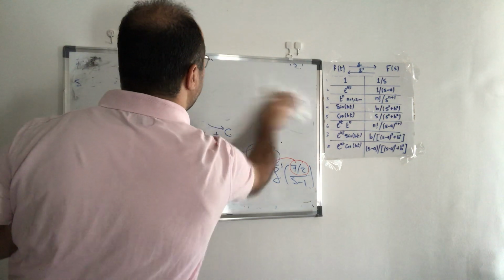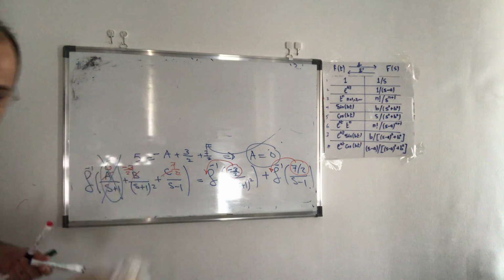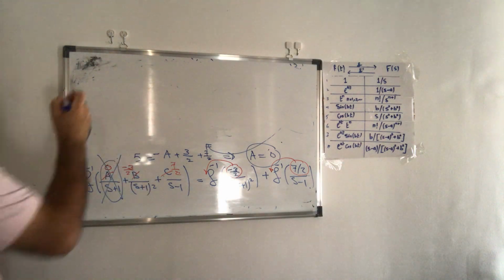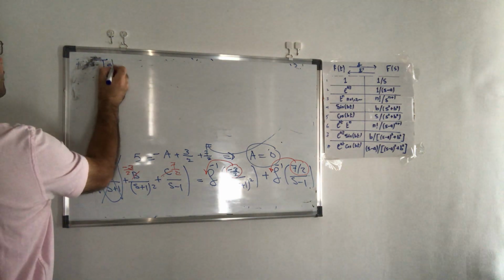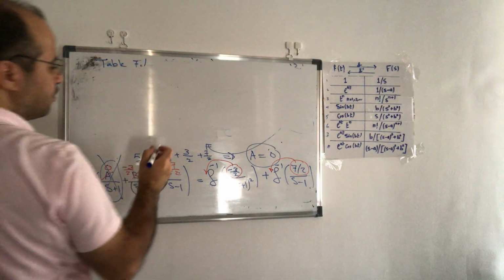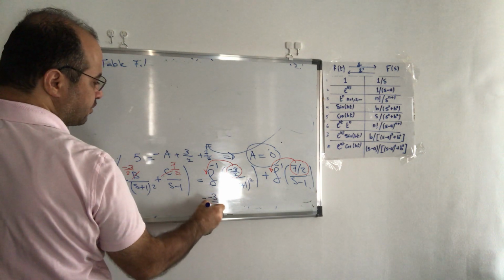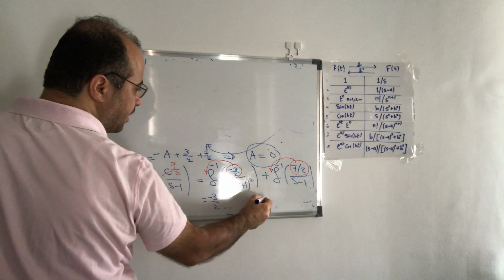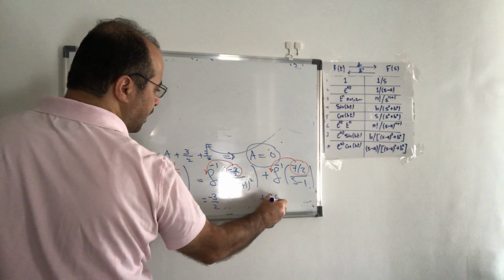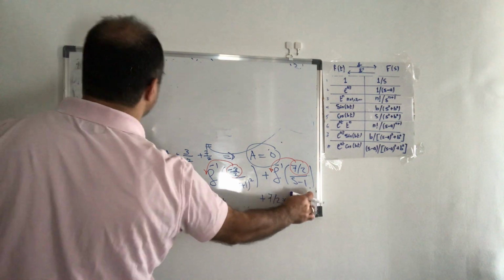I need to compare these two to the table, table 7.1. So this is minus 3 over 2, and I need an answer here, and this is 7 over 2, and I need an answer here, right? So what is here and what is there?